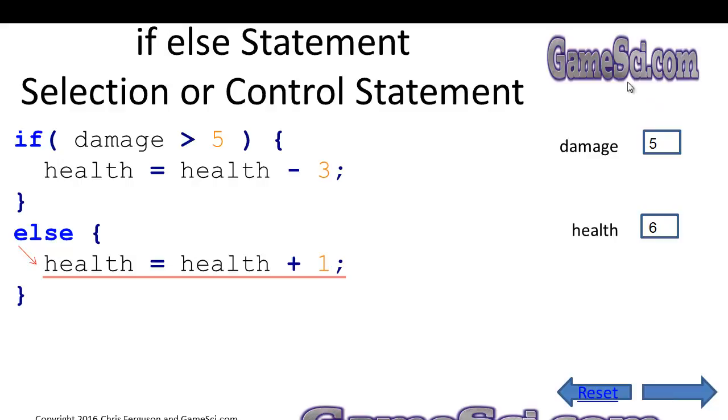Our 5 just went up to 6 because health became 1 more. After executing the code in the else block, we will exit the if-else and continue on with the program. So you can see clearly, an if-else two-way decision is choosing one of two different paths to execute the code.